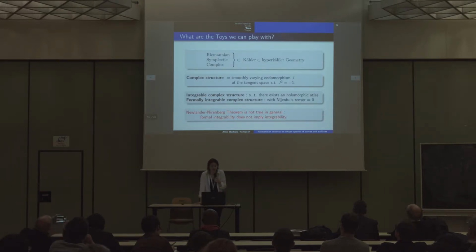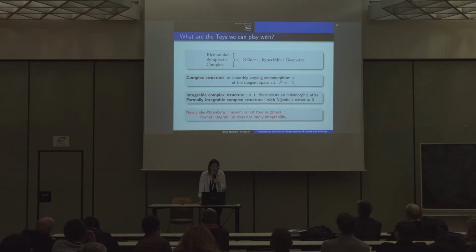Now, you can add another toy to your set of toys, the complex structure. This is a smoothly varying endomorphism of the tangent space, which satisfies that the square of this endomorphism is minus identity. And you have integrable complex structures, which are those that give you a holomorphic atlas on the manifold.